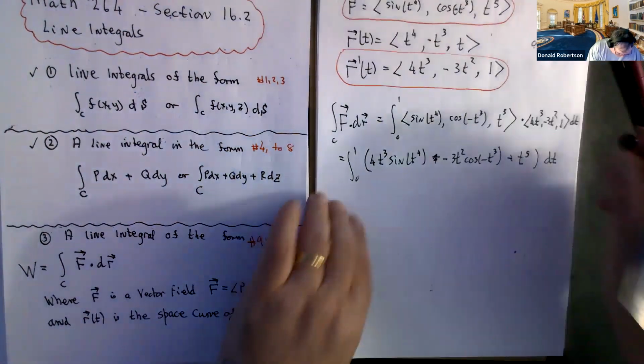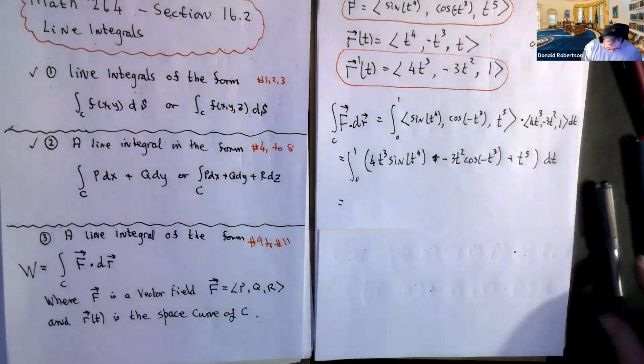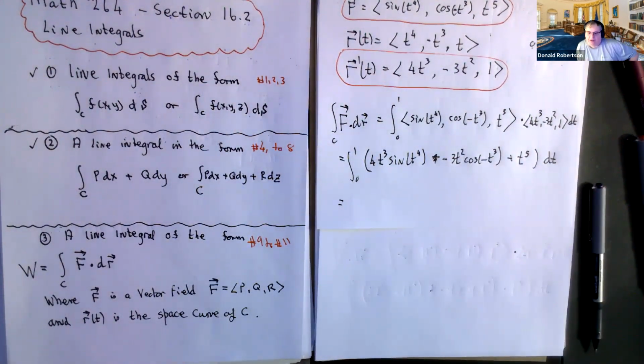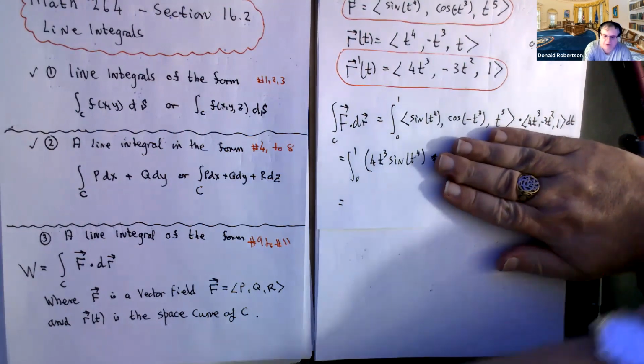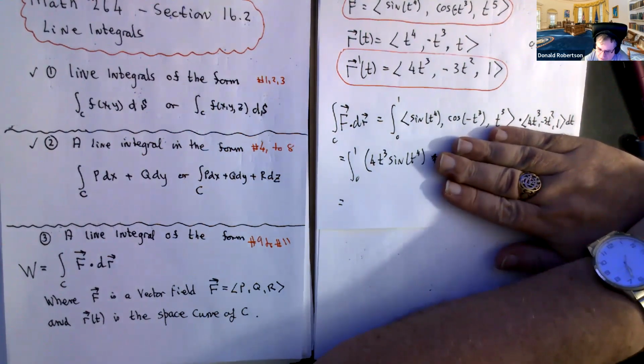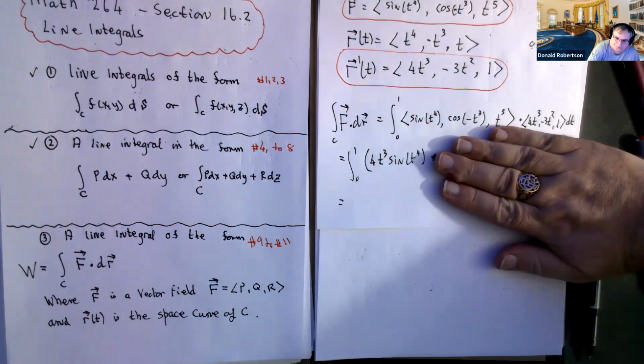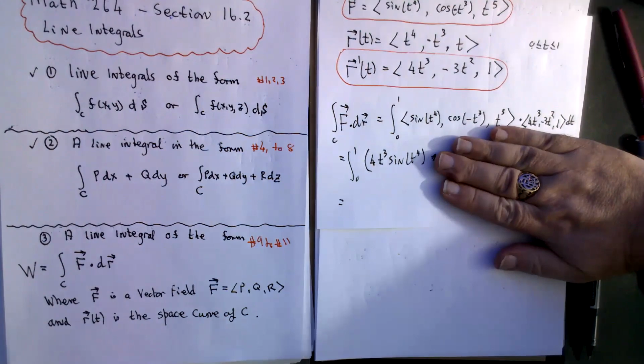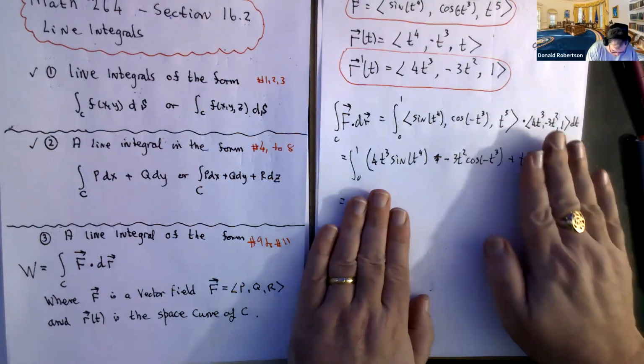Right, now we have the last piece of the puzzle, which is how do you integrate something like this? And the answer, I think, at least in this question, would be to split it into 3 different questions. What technique will I use to integrate 4t cubed sine of t to the 4? U sub, and t to the 4 would be our u.